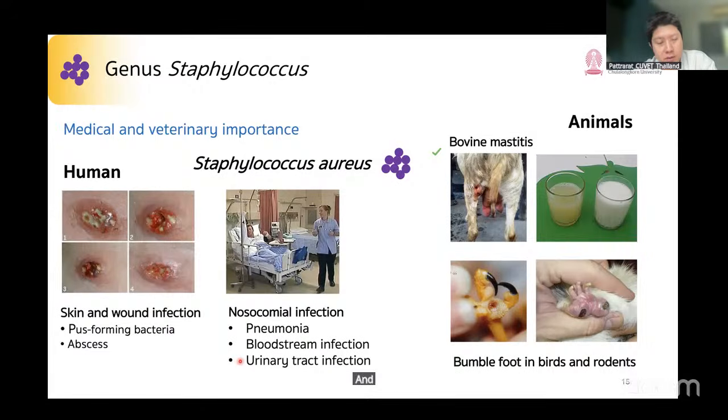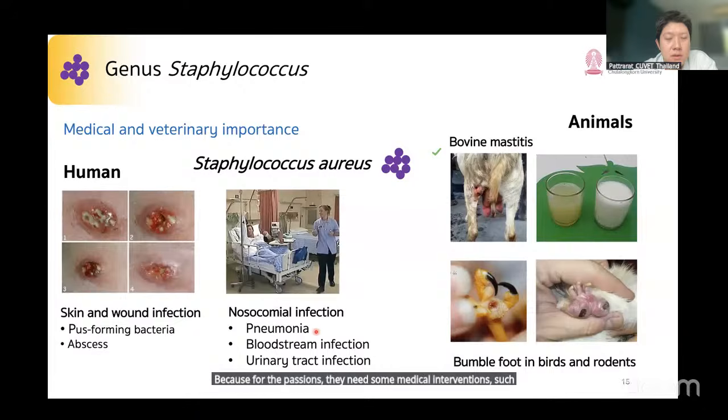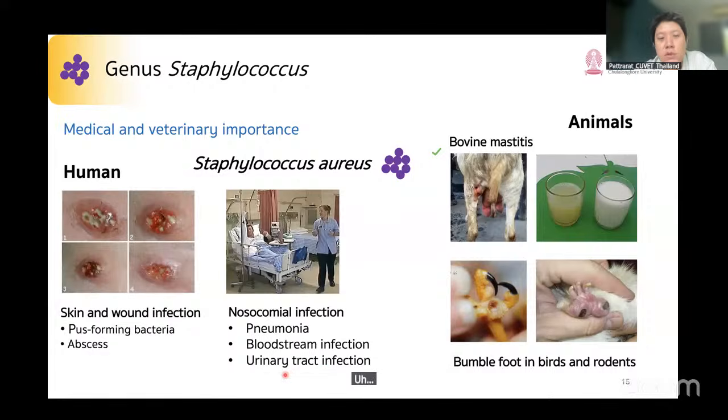and urinary tract infections. This is because the patients need medical interventions such as endotracheal intubation for ventilator usage, intravenous catheterization for fluid therapy, and sometimes urinary catheterization to determine the urine output.